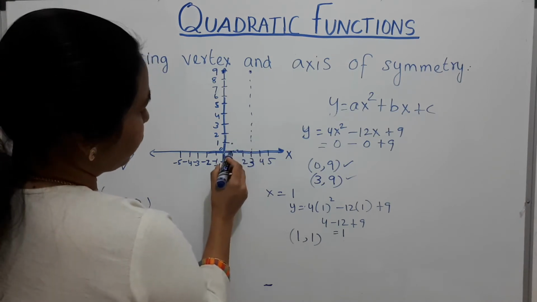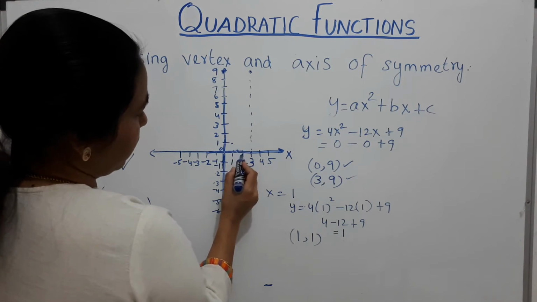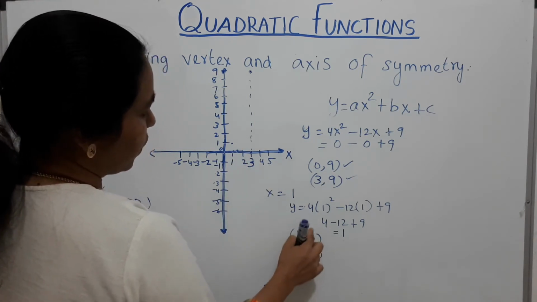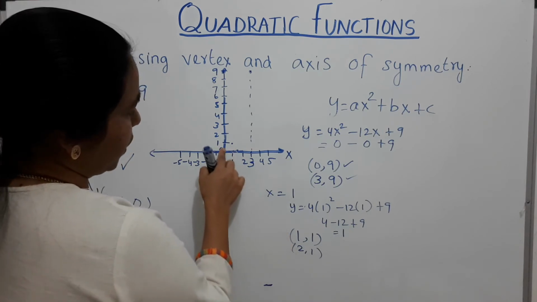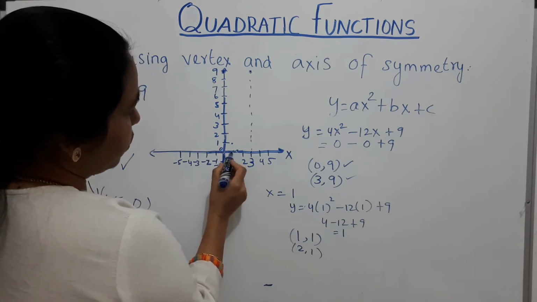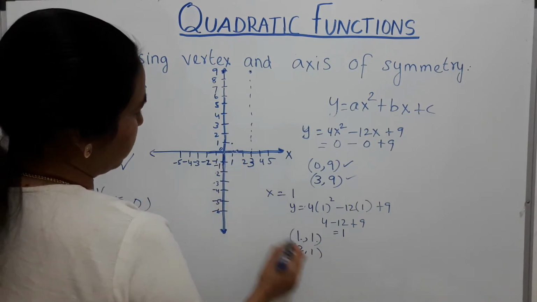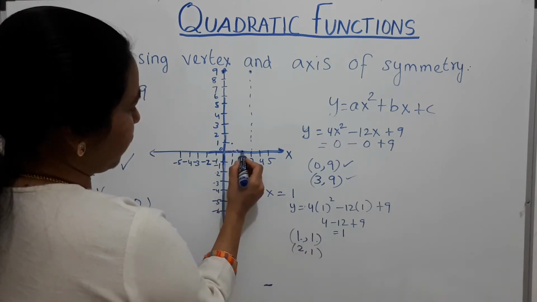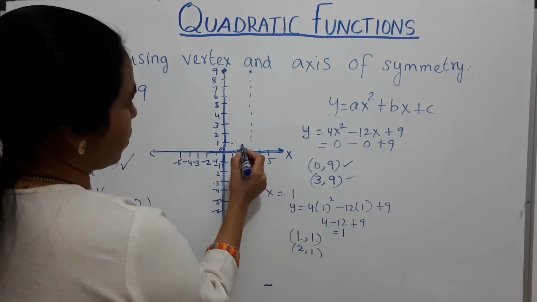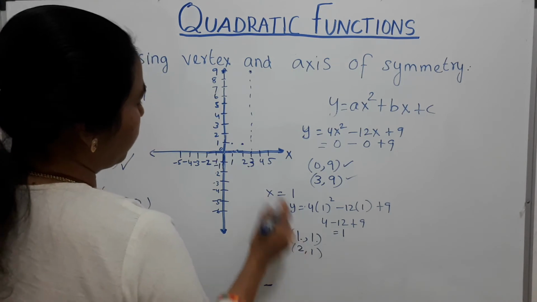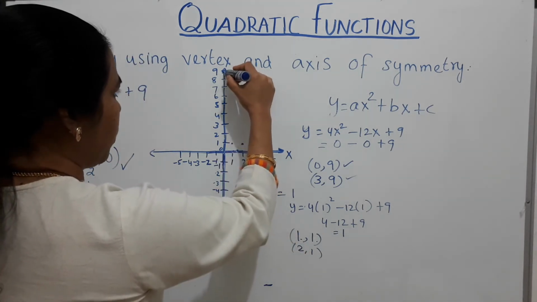Okay. So if you find the reflection of that point, then the reflection will be 2 and 1, because the y values will be the same for the same number of units you are moving. So you are moving only half a unit, and so for 1 and 1 you have to move right half a unit, and so for 2 also the point will be 2 and 1. So you found one more point here, so you can join all these points now.